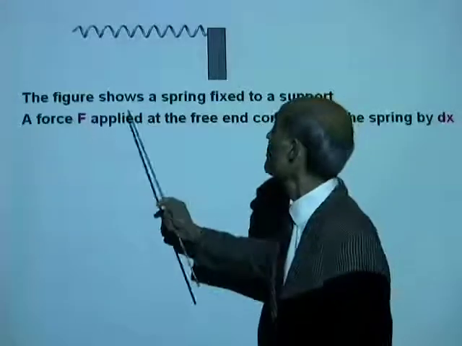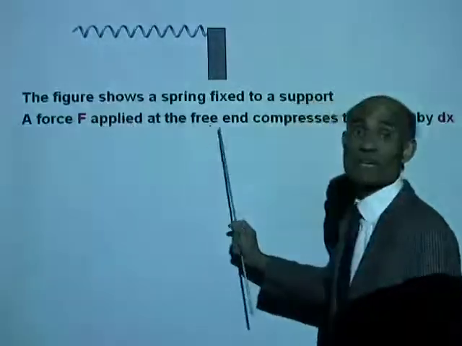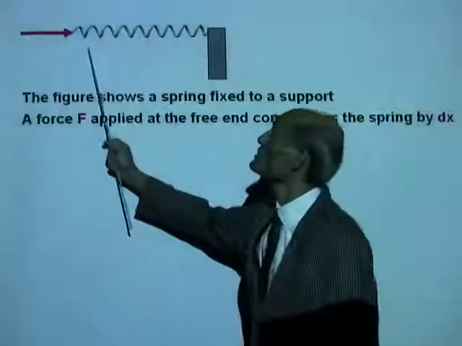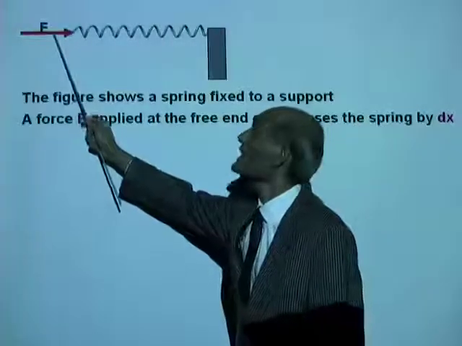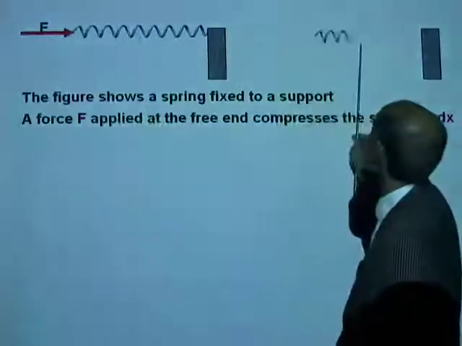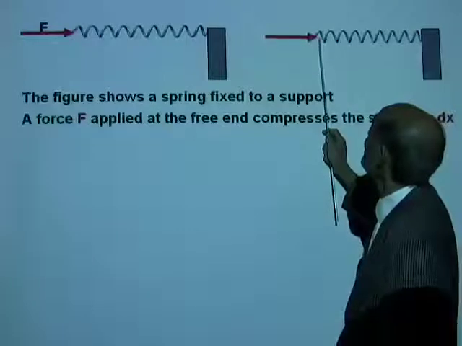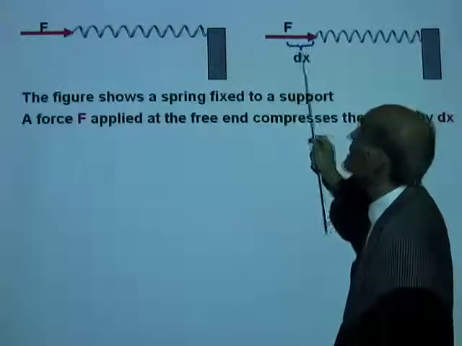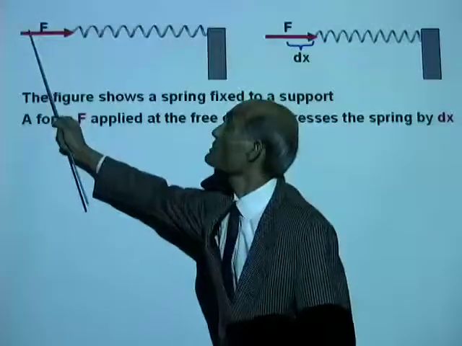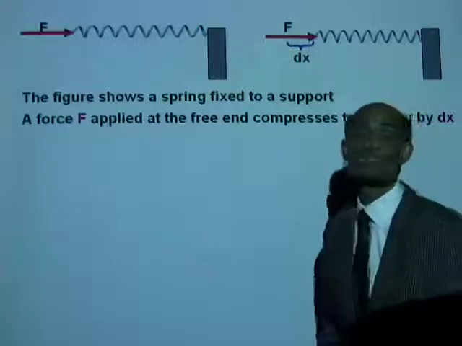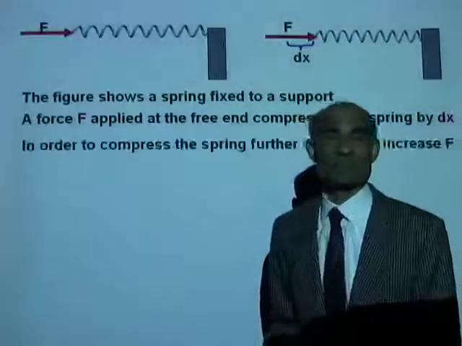A force F applied at the free end compresses the spring by a distance dx. So let this force be x, and as a result the spring now gets compressed by a distance dx. You can see this force compressed the spring by a distance dx.